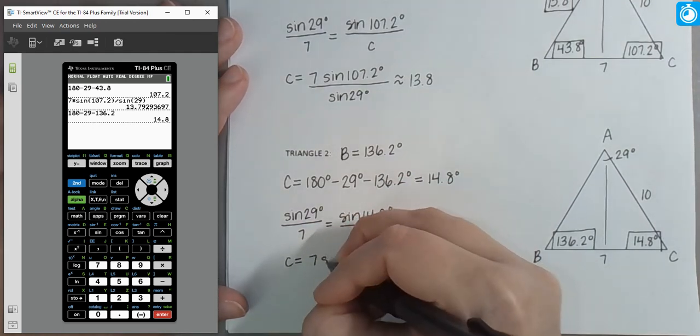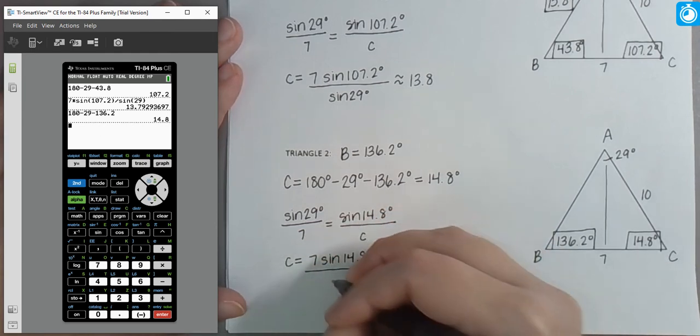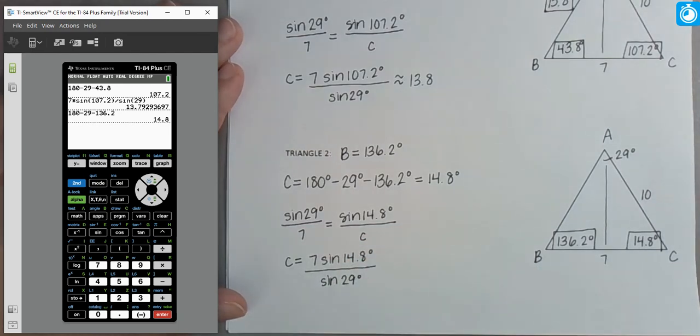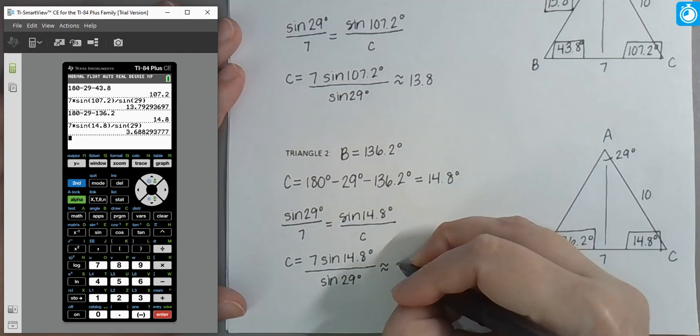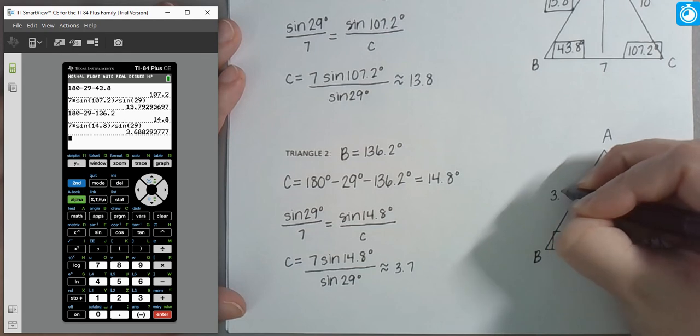So little c is equal to 7 times the sine of 14.8 degrees divided by the sine of 29 degrees. And so when we plug that into the calculator, we get about 3.7. So as expected, smallest angle, opposite smallest side. So 3.7 units.